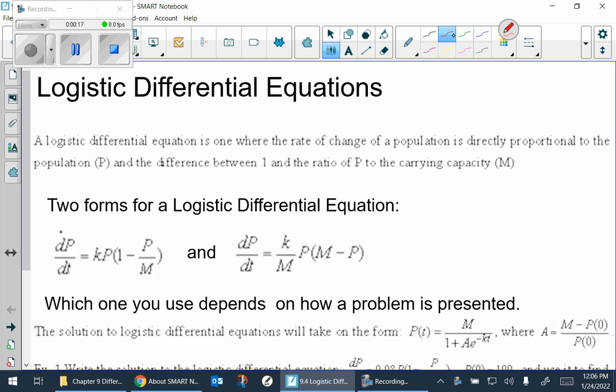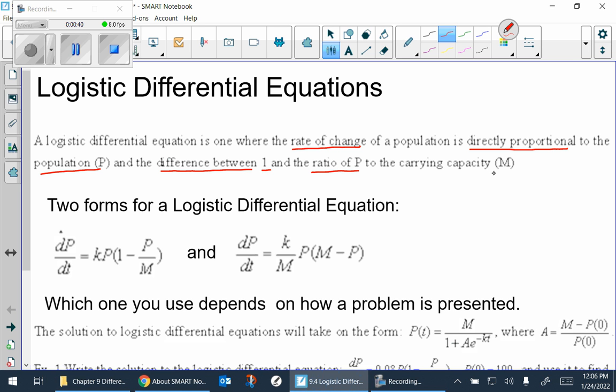And a logistic differential equation is one where the rate of change is proportional to the population and the difference between 1 and the ratio of the population to the carrying capacity.